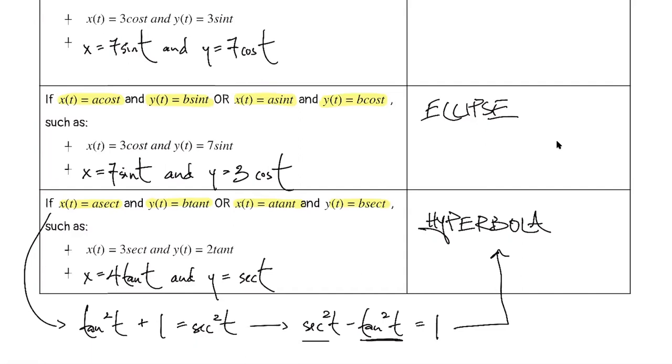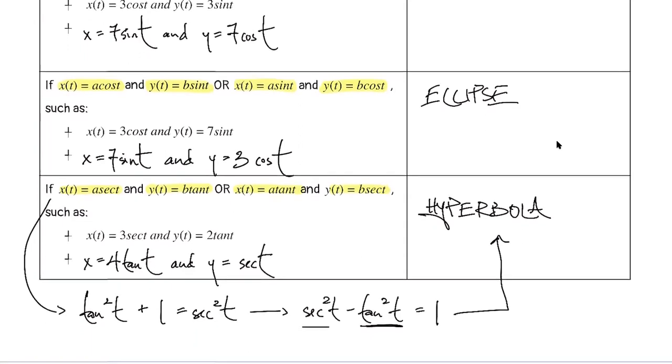And sometimes it's going to be easier to work in parametric, and sometimes it'll be easier to work with rectangular. It'll be different setups for the different problems. Okay. So let's finish off here with talking about multiple representations of rectangular equations, okay?